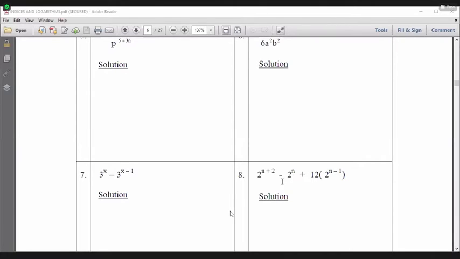Or if I don't mind, 2 raised to power n minus 1 is the same as 2 raised to power n divided by 2 raised to power 1, which is 2.